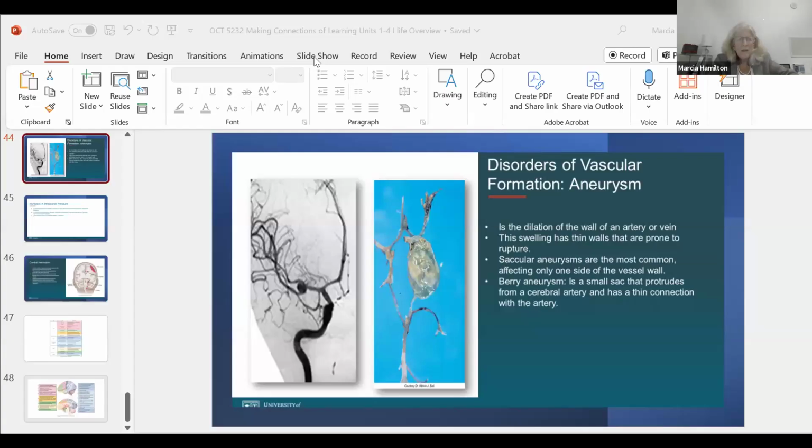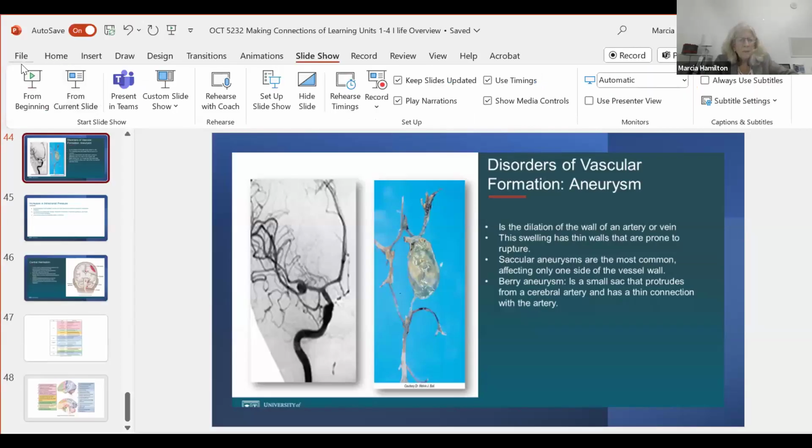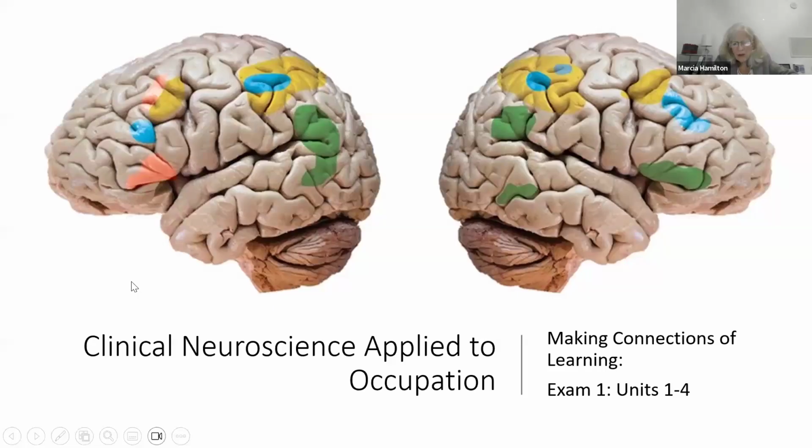Well, that being said, I'll give you an overview of our learning so far, and into the next few units. Most of the pictures I use in this presentation are from your textbook, so it's familiar to you.